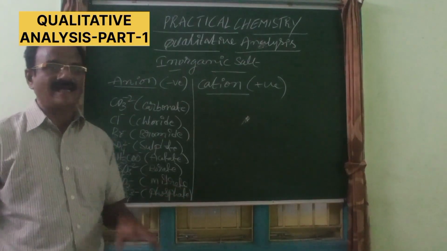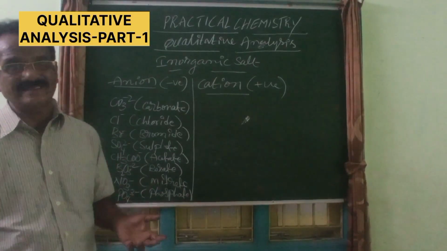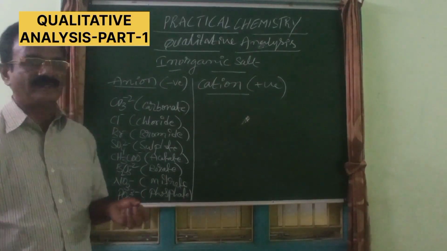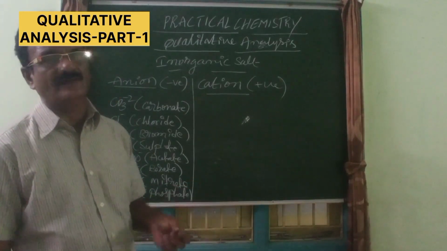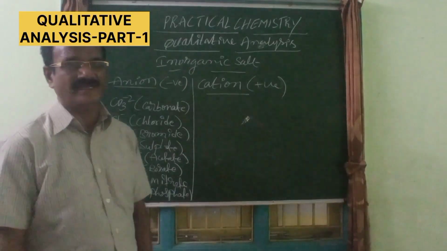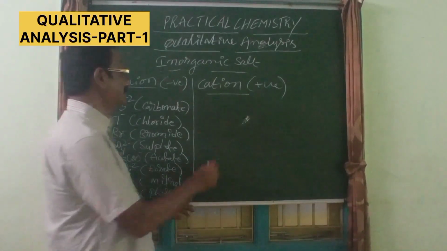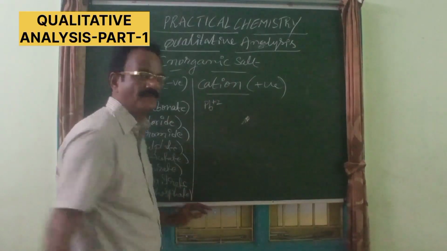These are the anions a student usually needs to analyze in the laboratory by following the systematic procedure regarding inorganic salt. Now let us see about the cations. The first cation is Pb plus 2.